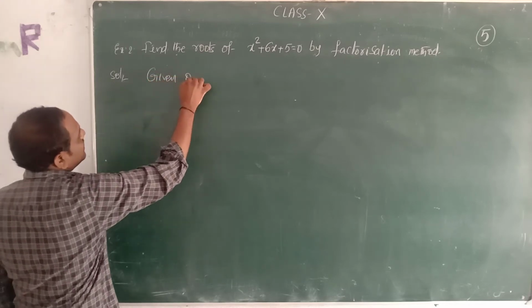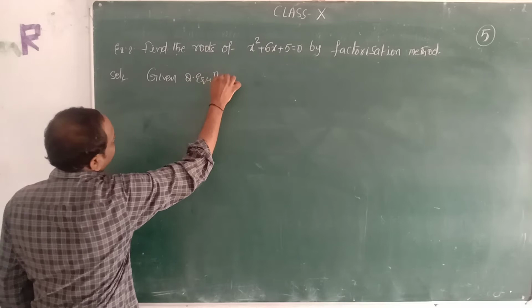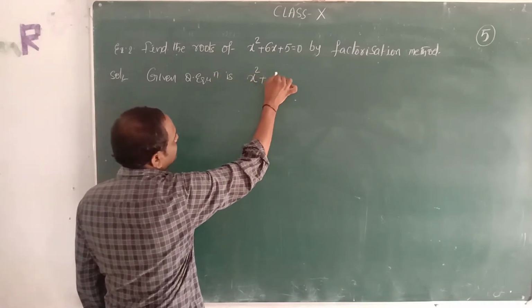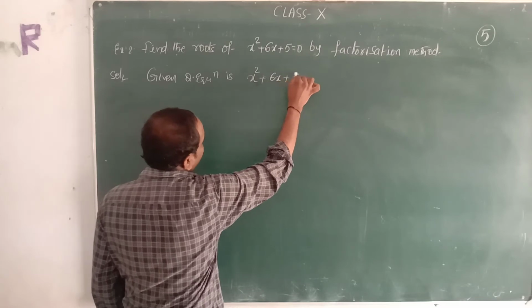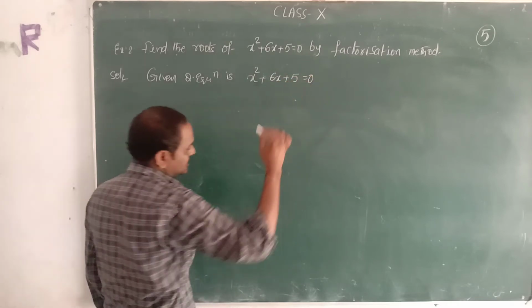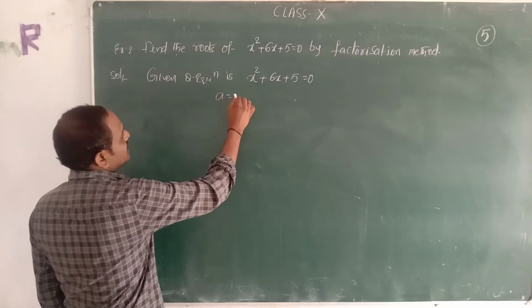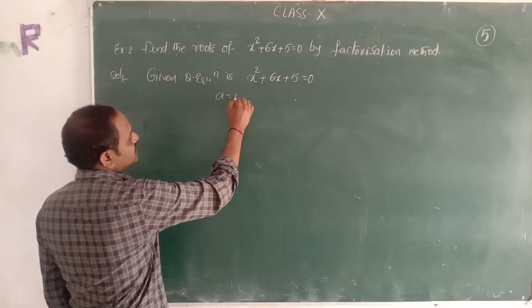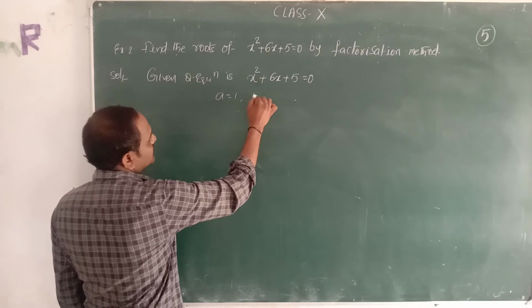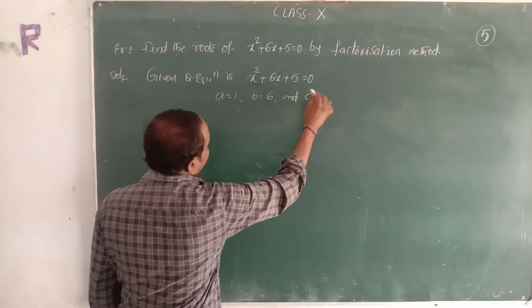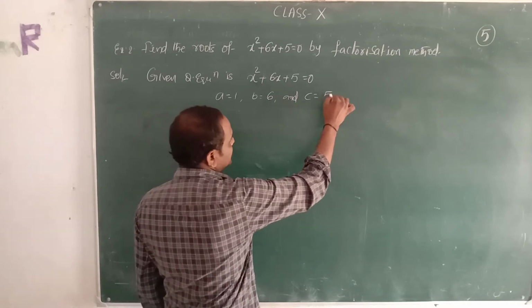What is the given quadratic equation? x square plus 6x plus 5 is equal to 0. So here a, the coefficient of x square, is 1, b is equal to 6, and c is equal to 5, the constant term.